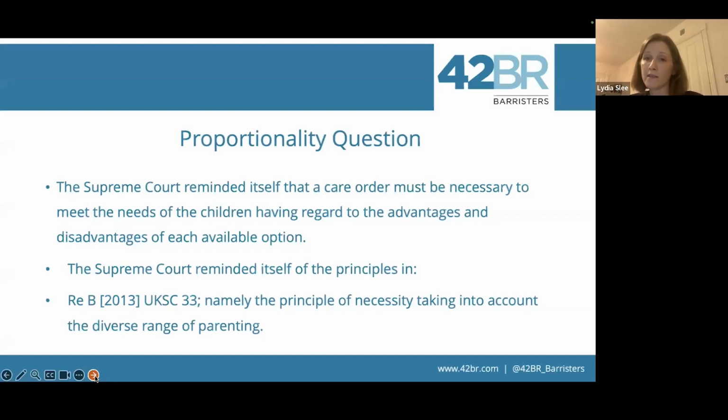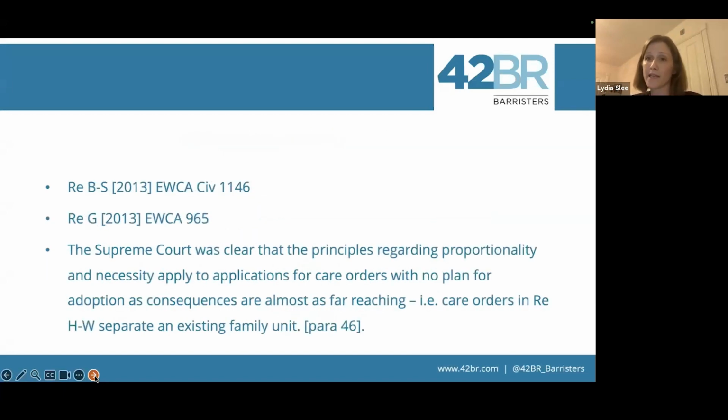And in the case, the previous authorities, RE-B, RE-BS, RE-G, are all referred to with the Supreme Court endorsing those approaches and those principles within the appeal.